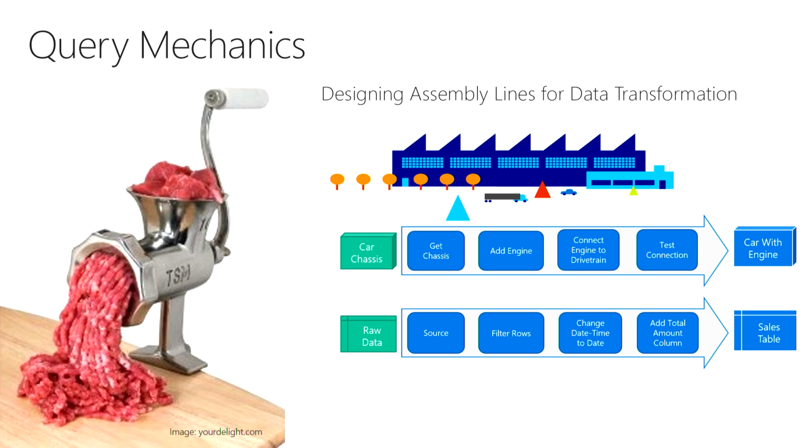And then there's a deliverable product at the end of that assembly line. And maybe that goes into another assembly line. Maybe it's just a component that needs to go together in building a holistic product like a car. But working with data is much the same. We start with something, we have these transformation steps, we have to clean it up, and we test it, and then we deliver an end result.